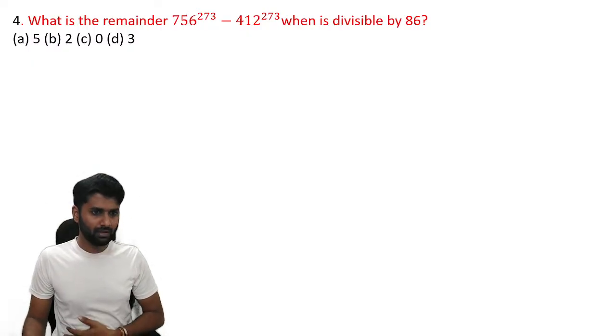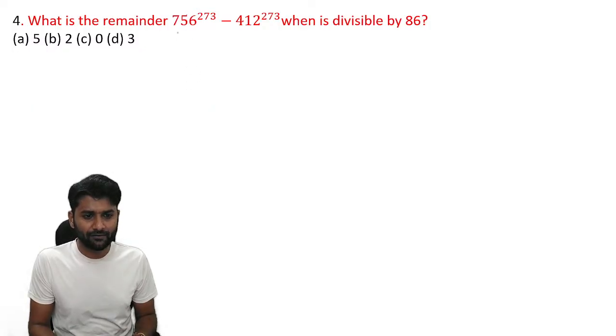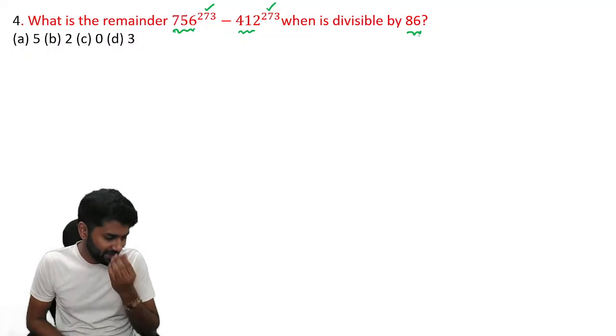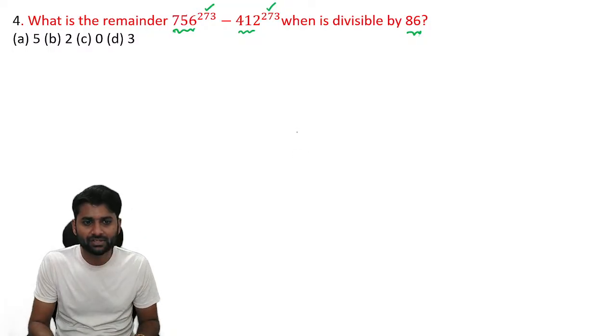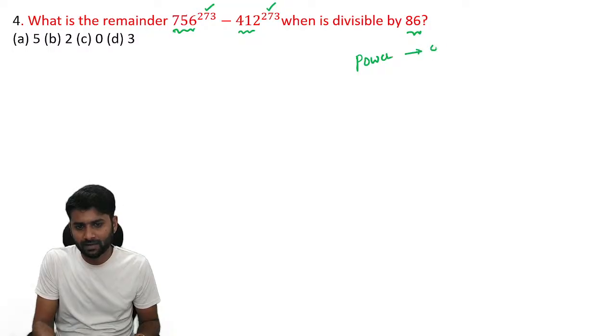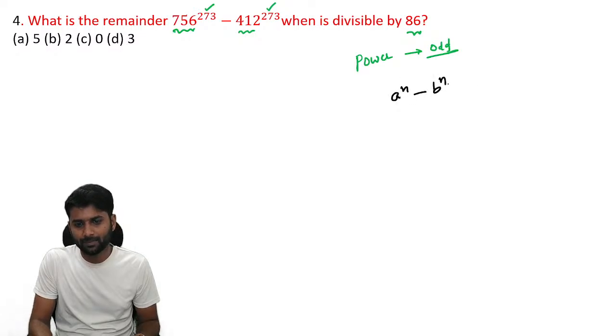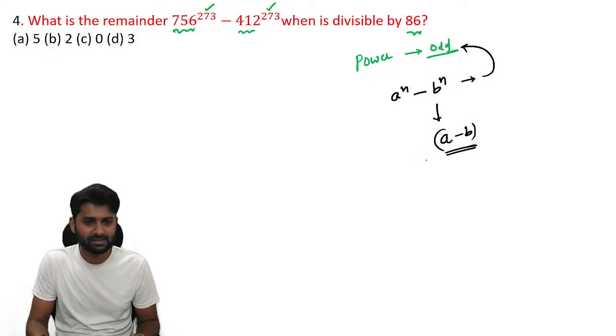Question number 4. What is the remainder if 756 power 273 minus 412 power 273 is divided by 86? As you know, here the power is an odd number. If a power n minus b power n, if n is an odd number, it is always divisible by a minus b.